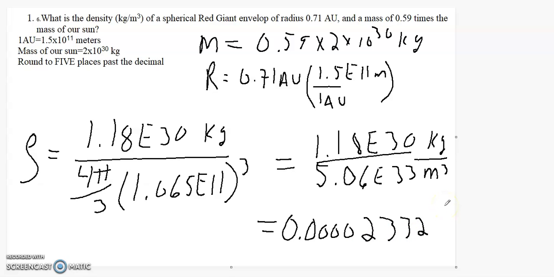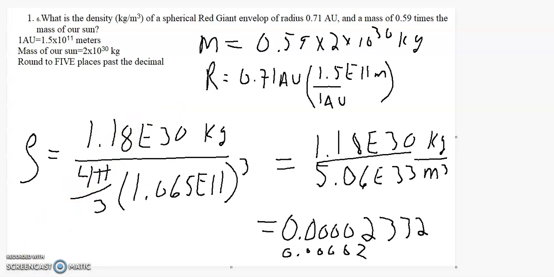Rounding it to 5 places past the decimal would just be 0.00002. That would be the density of this red giant shell.